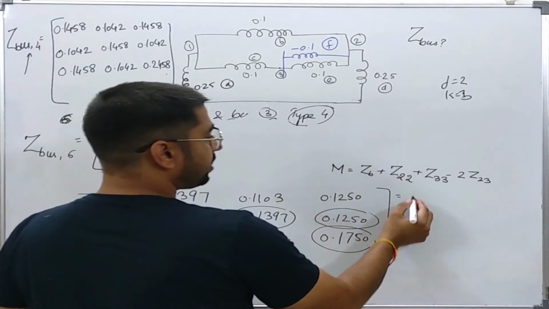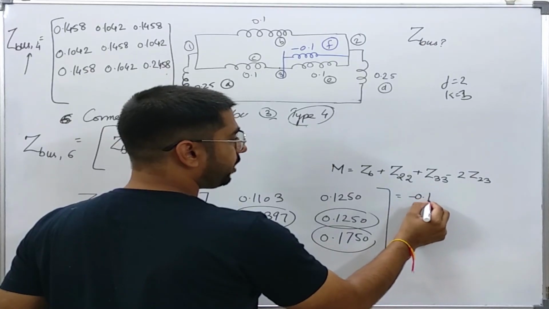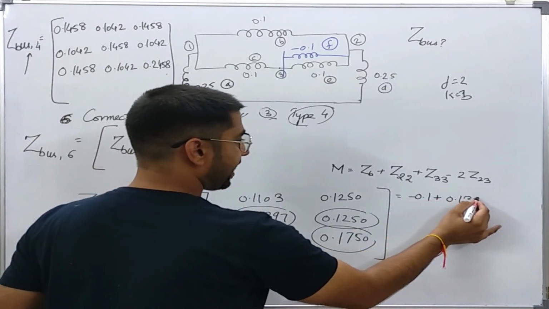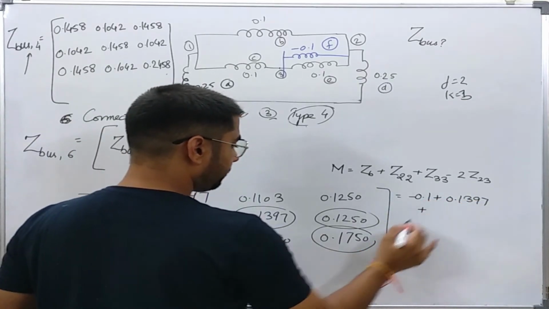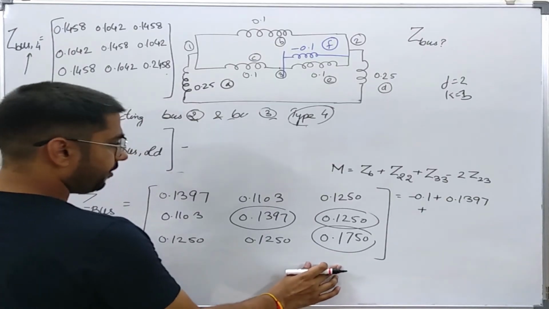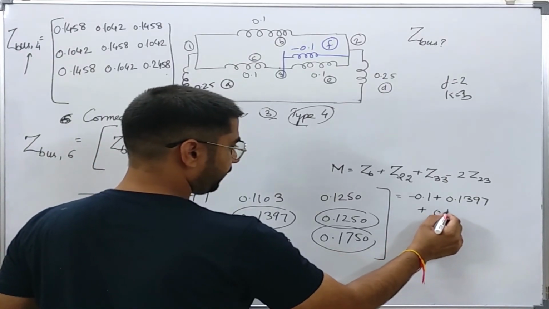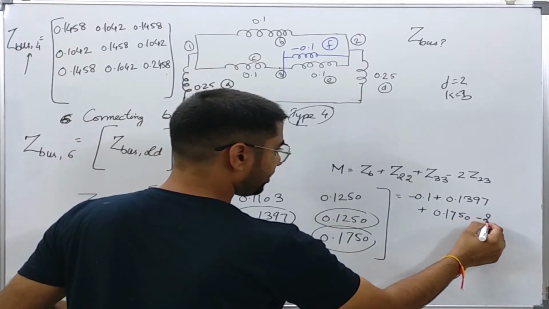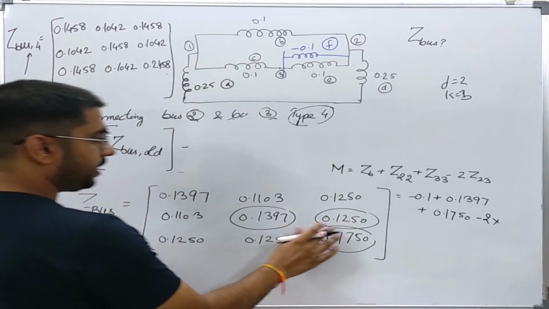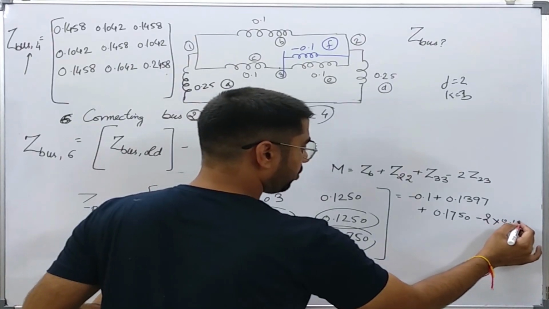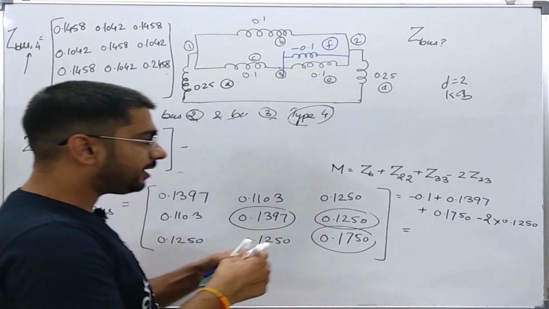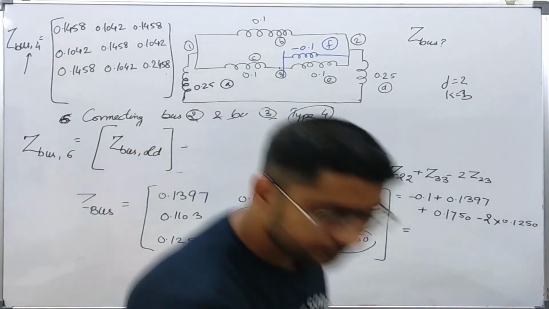So Z branch is minus 0.1 plus Z22, which is 0.1397, and Z33, which is 0.1750, minus twice Z23, which is 0.1250. Using the calculator I will write this value here.